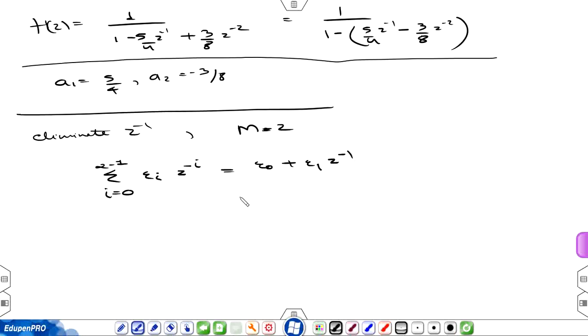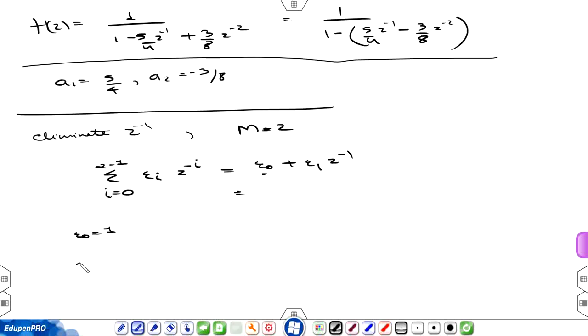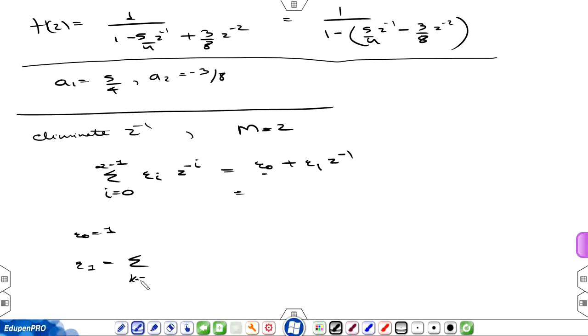So r_0 is equal to 1, and r_1 in this case is given by summation k equal to 1 to n a_k r_(i-k).